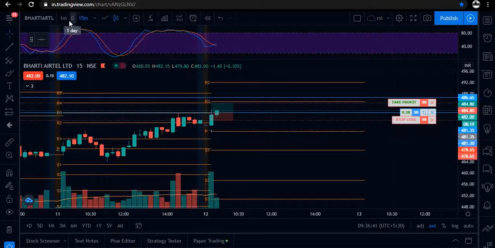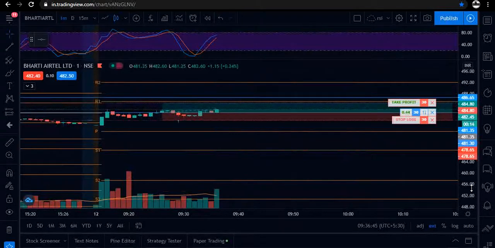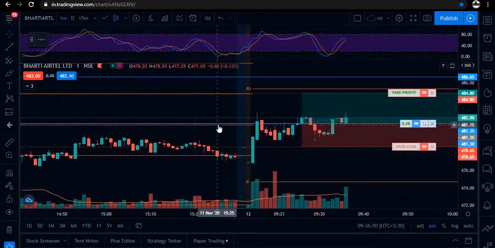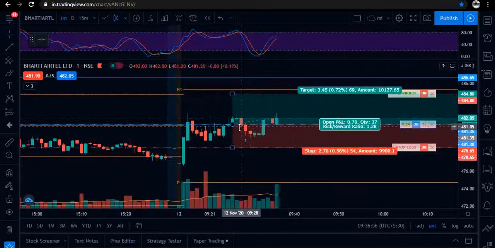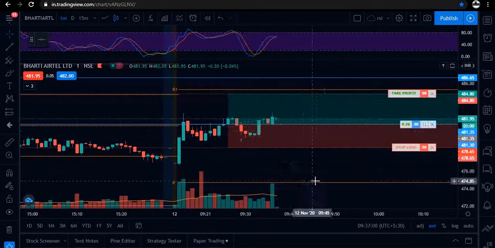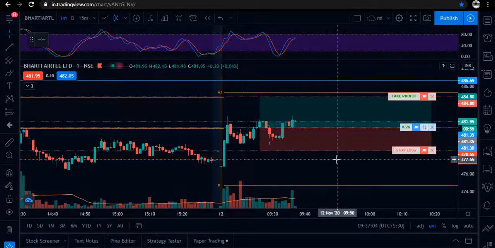I made a horizontal line on yesterday's day high, which is this. It was spending some time near this high, so there were chances that it would give a breakout of this high, the resistance we have drawn.